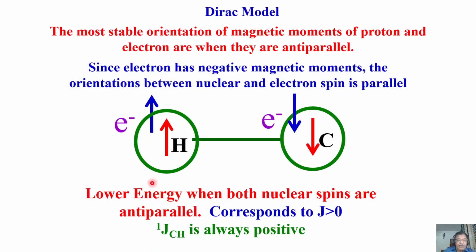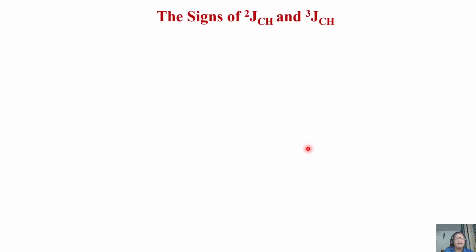The lower energy, when both nuclear spins are anti-parallel, corresponds to J greater than 0. That is why, if you go back and see in the literature, 1JCH is always positive, because the orientation of this proton spin and carbon spin in one bond is always opposite. You can work it out by this simple Dirac model.